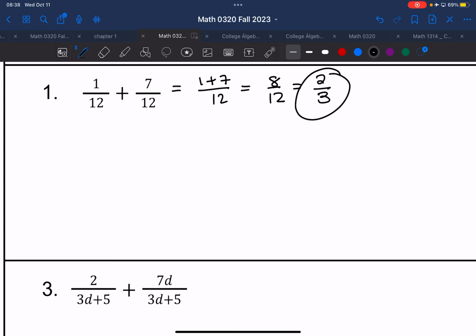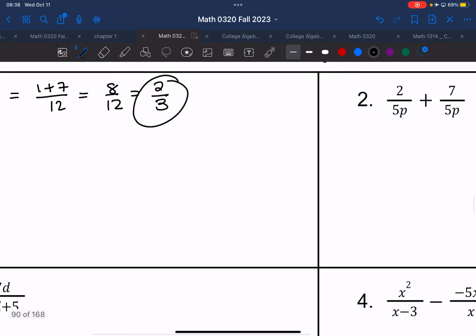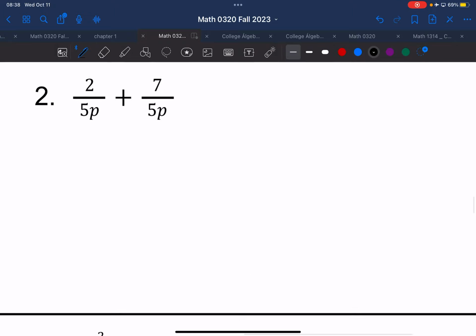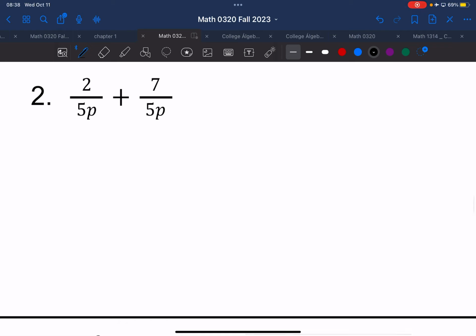Okay. So we're going to take that concept of just regular fractions and apply it to number 2. On number 2, we're checking if they have the same denominator. Do they? Yes or no? Yes, they both have 5p, meaning that 5p is going to stay the same, and we're just adding our numerators. So 2 plus 7 is 9, and we have 5p on the bottom.